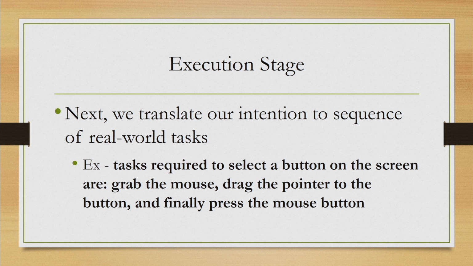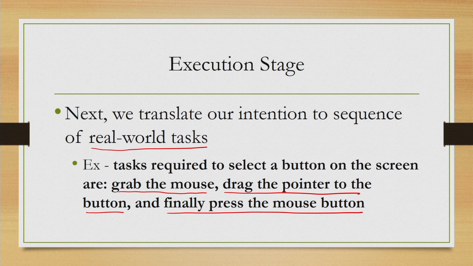That is, grab the mouse, drag the pointer to the button, and finally press the mouse button. These are real world tasks that we need to do to translate our intention to achieve the goal. So, the third action in the execution stage is translation of intention to a sequence of real world tasks.